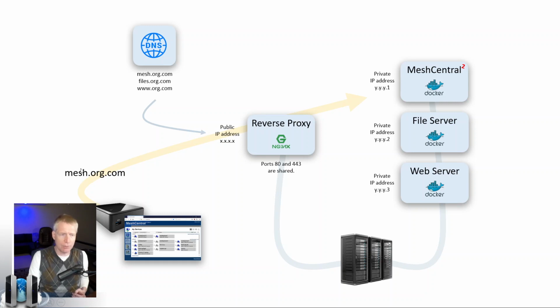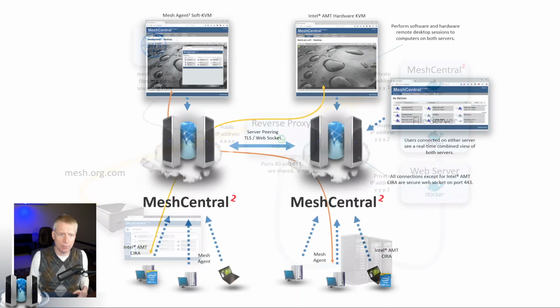And then what you do is you have your browsers, they come in, they resolve that IP address, they tell the reverse proxy what name they use to resolve to that IP address, and then the reverse proxy uses that information to forward the traffic to the right container or service that you have in the back. So MeshCentral plays well with other services behind a reverse proxy. This is super important to lower hosting costs and to basically use your server resources as efficiently as possible.